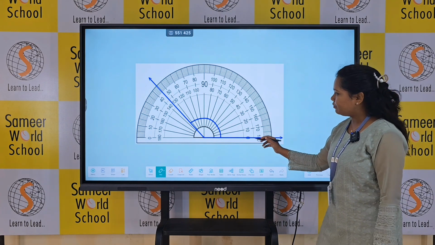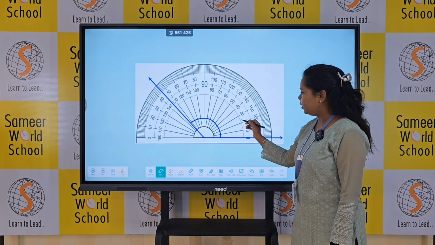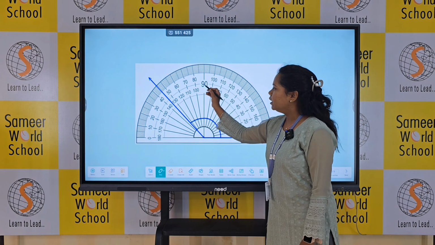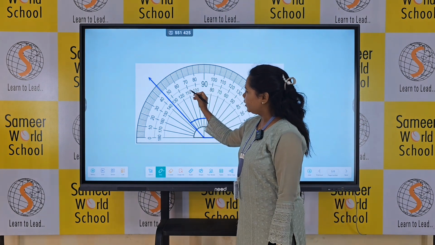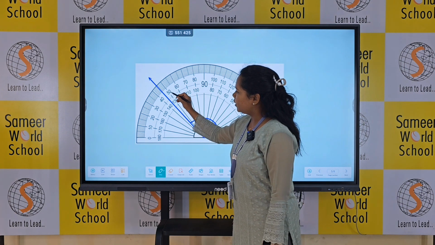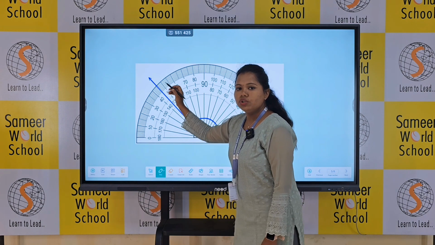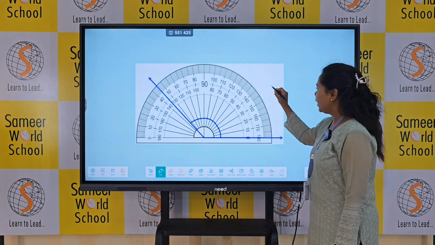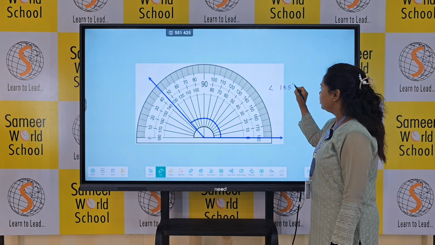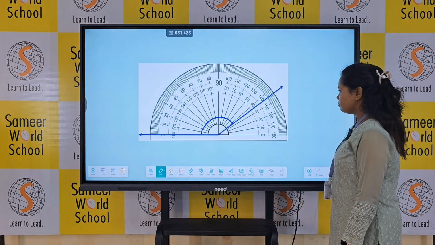It is covering the points 0, 10, 20, 30, 40, 50, 60, 70, 80, 90, 100, 110, 120, 130. Now after the 130 again it is covering 5 more lines. So this is nothing but what? The angle measures 135 degree.